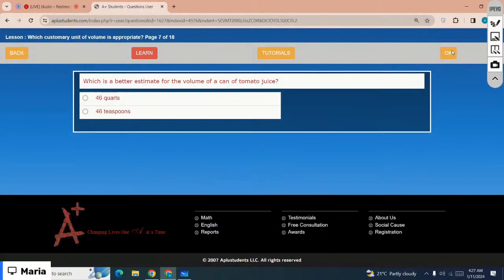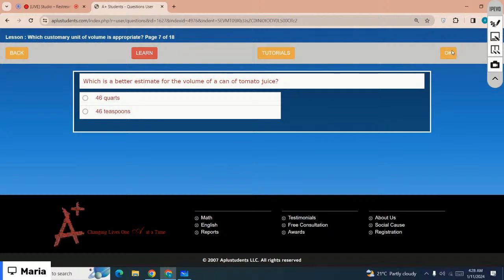Which is a better estimate for the volume of a can of tomato juice, 46 quarts or 46 teaspoons?